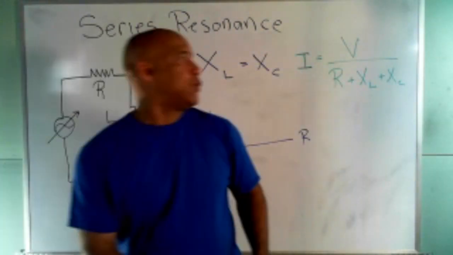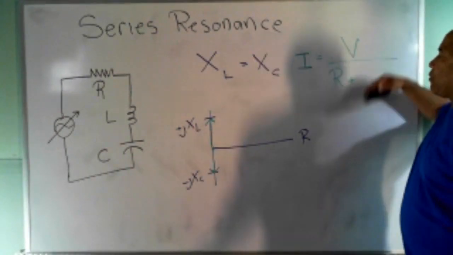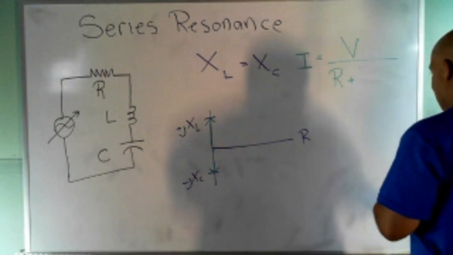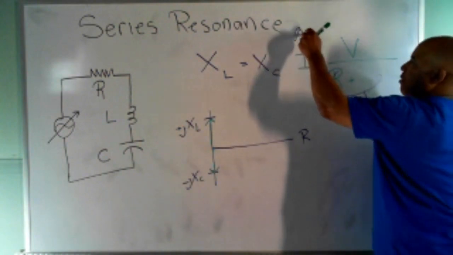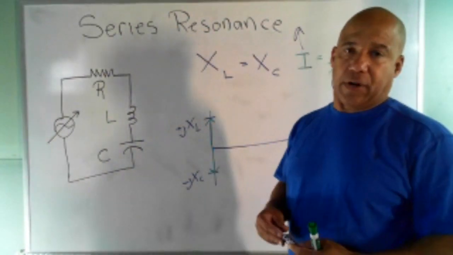If I'm at resonance and these two cancel out, effectively I've decreased my opposition, I decreased the denominator. If I decrease the denominator, then the current is going to go up. So at resonance, we get maximum current in the circuit.